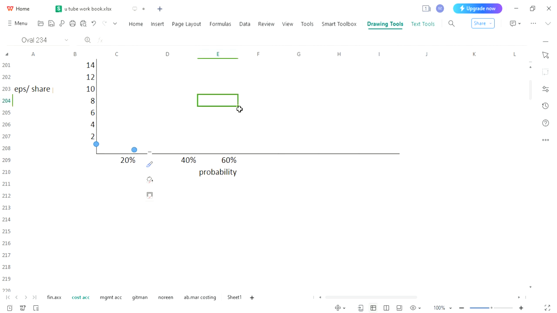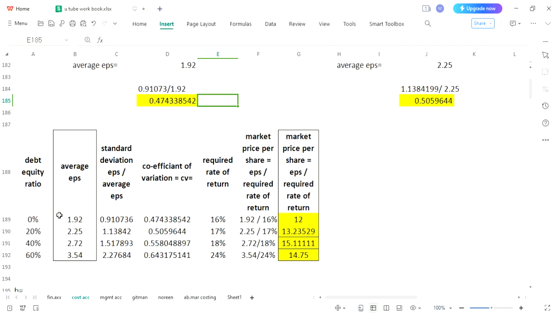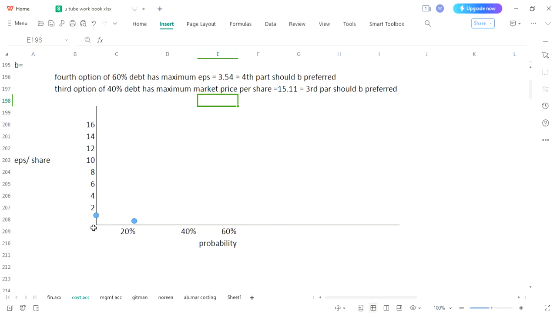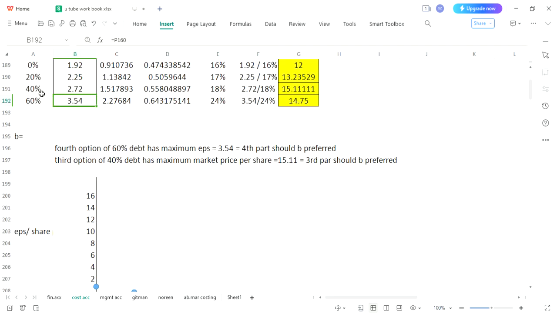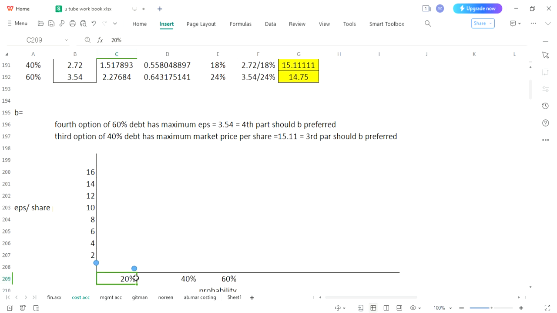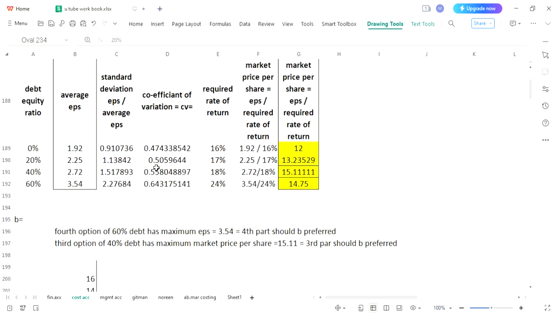So next point, let's see what we have put. 0%, 1.92. 0% is over here and 1.92 point has been discussed. Let's see what is next. For 20%, 2.25. This is your second point, 20%, and we need to see how much is point.